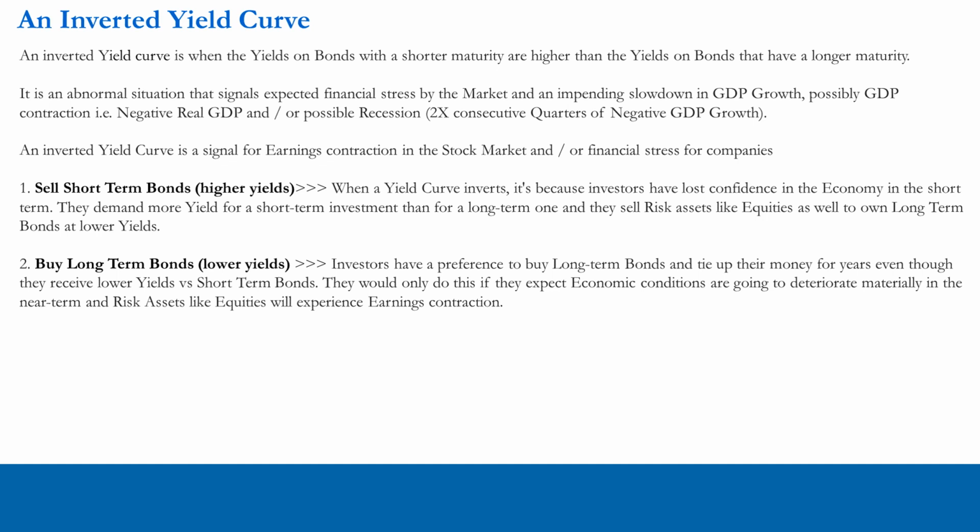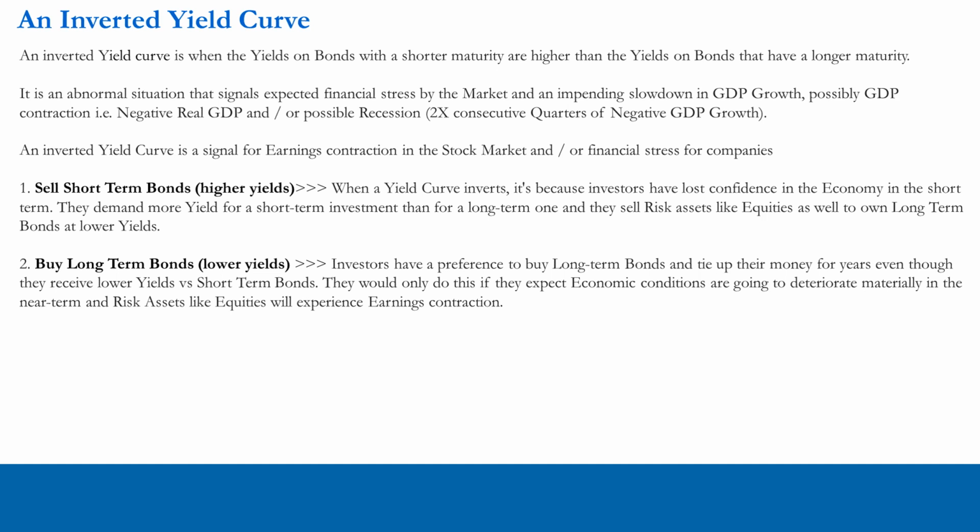But remember, guys, we do live in a dynamic world. We don't live in a world where, for example, the yield curve is normal for a long time and then it suddenly inverts and there's two polar opposite situations. We obviously have a period in between.